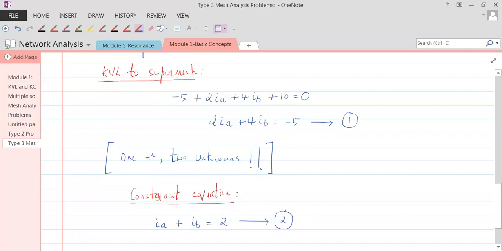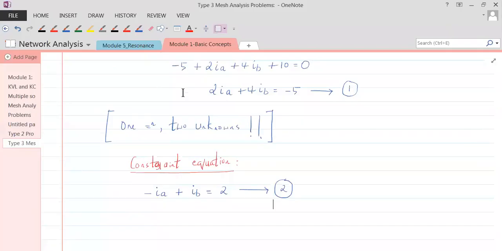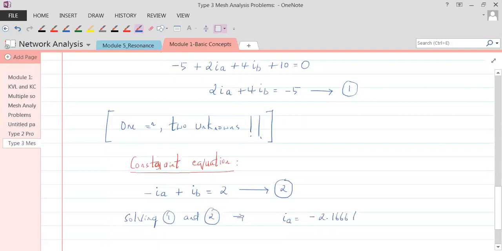Can anybody solve this and give me IA and IB fast? So this IA and IB would happen to be solving equations 1 and 2, which implies our IA is minus 2.1666 amps.